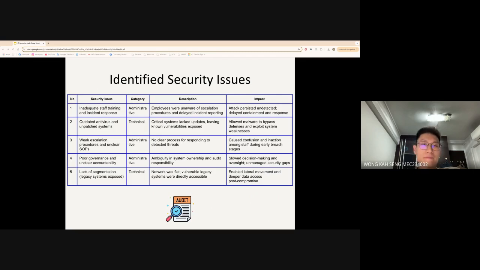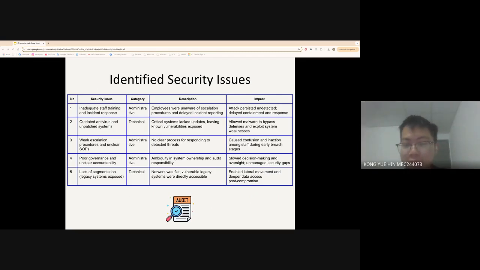For the security issues, we identified five core security issues that collectively enabled the breach to occur and escalate. First, there was a lack of staff training and incident response readiness. Employees failed to respond to and escalate suspicious activity, which allowed the attackers to operate undetected for several days.